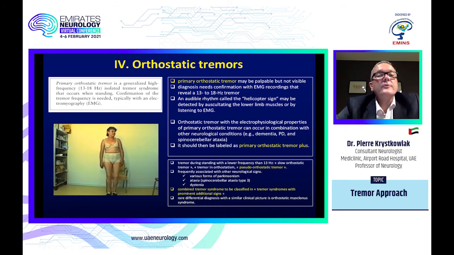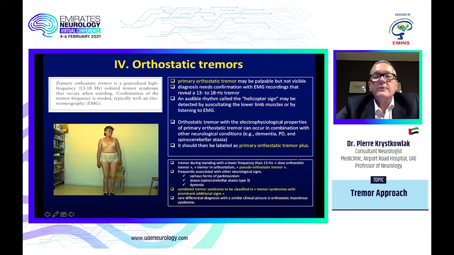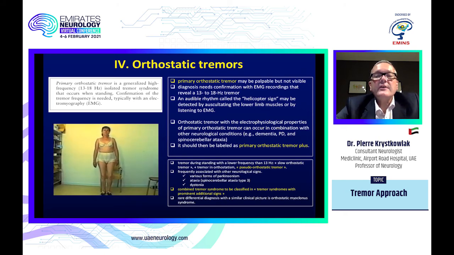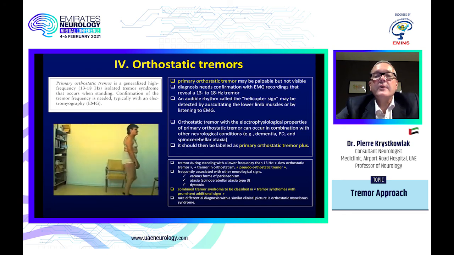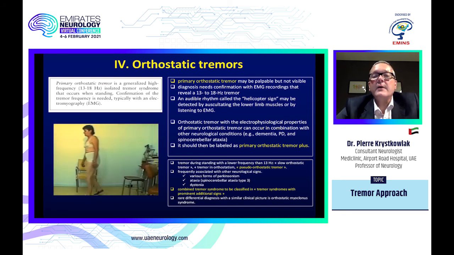The confirmation of the tremor frequency is needed, typically with electromyography. This primary orthostatic tremor may be palpable but not visible, and the diagnosis really needs confirmation of the electrophysiological data. What is also interesting is that an audible rhythm called the helicopter sign may be detected by auscultating the lower limb muscles or by listening to the electromyogram.